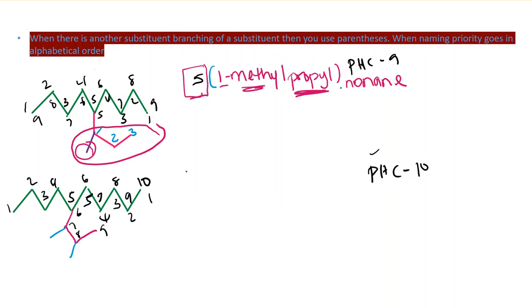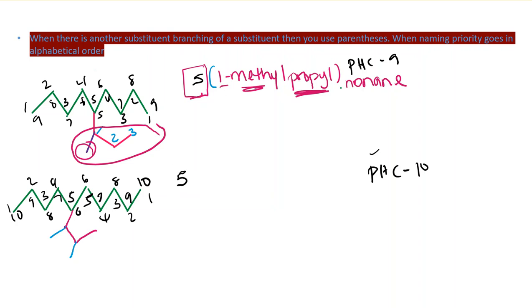So 10 has the highest number. So I'm just going to go ahead and erase this and number it 6, 7, 8, 9, 10. So we have a 5 and we have a 6. So since 5 is less than 6, we're going to go with the direction from left to right.